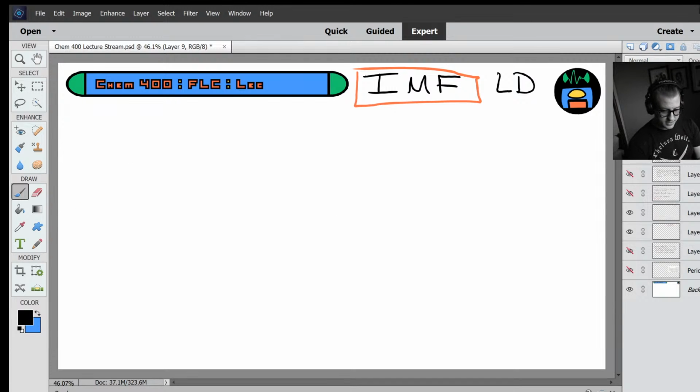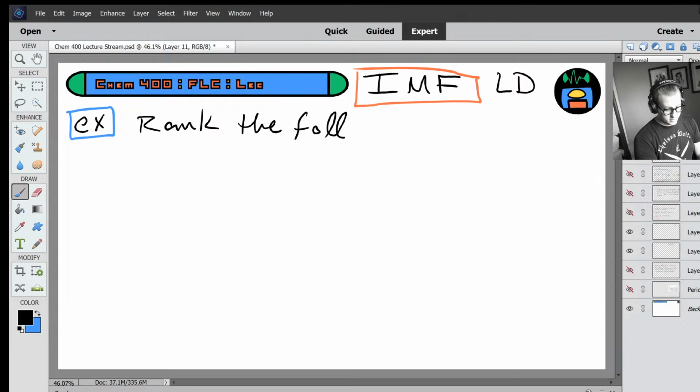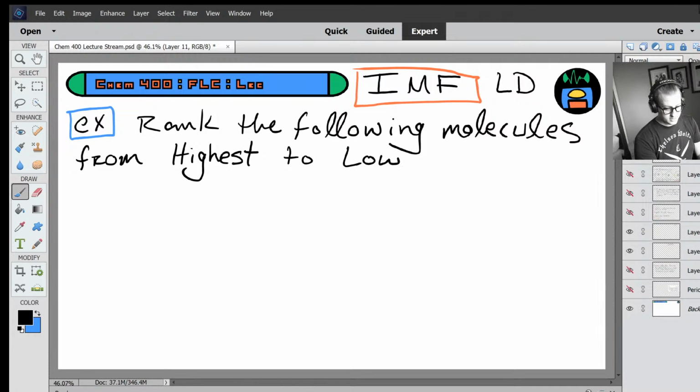So with that in mind, I could ask you to rank the following molecules from highest to lowest boiling point.